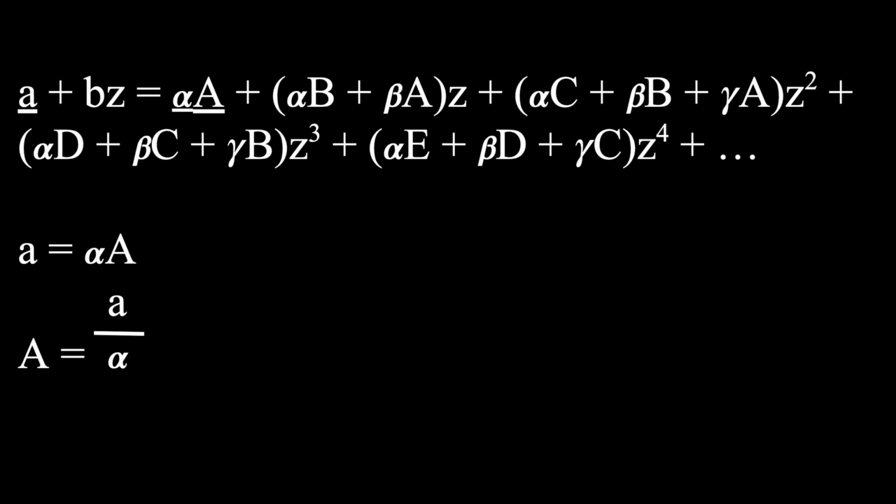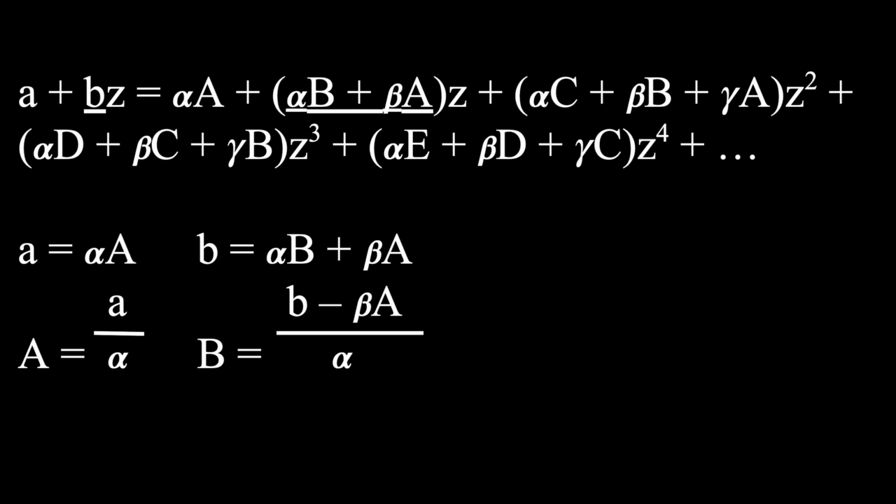Now we say that little b equals alpha big B plus beta big A, and therefore big B equals little b minus beta big A over alpha, which equals little b over alpha minus beta little a over alpha squared.